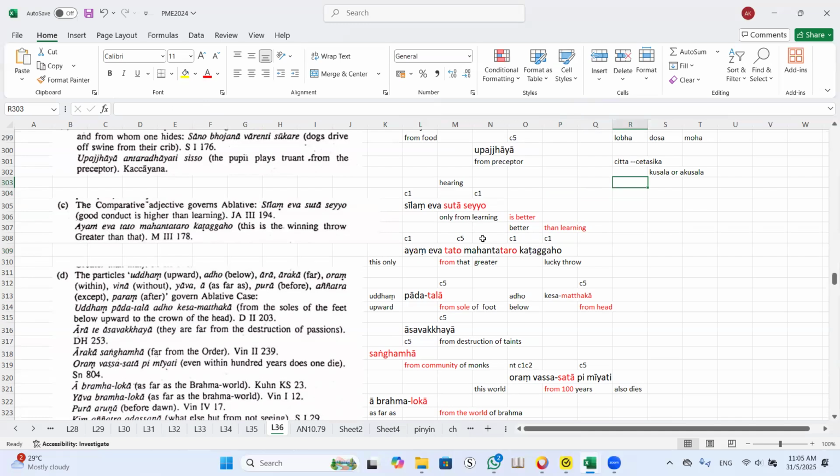Seldom, normally the word mahanta will be shortened to maha. But in this case it is not, because this is comparative taro, used for comparison. So taro will end with TER. Great, greater. Taro means greater. It ends in this way.